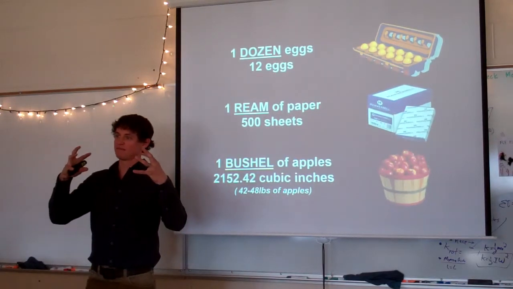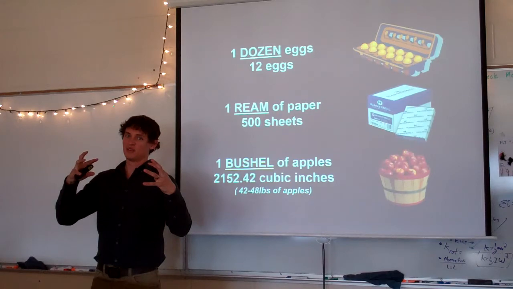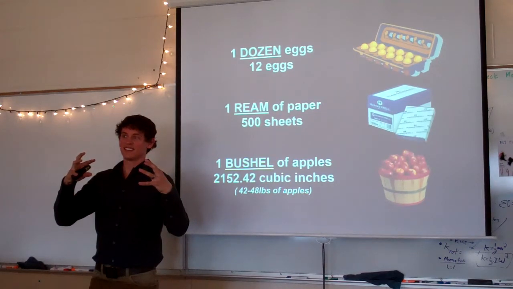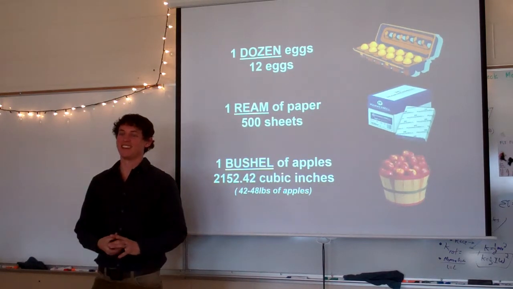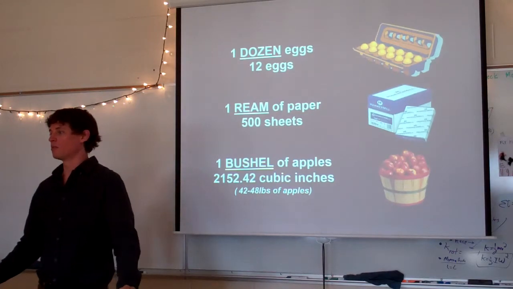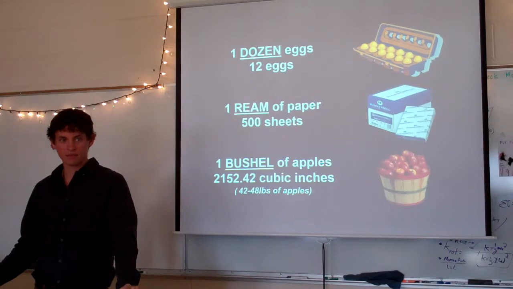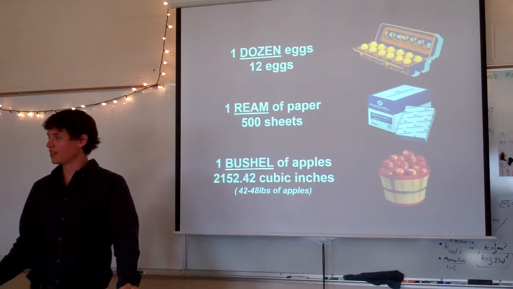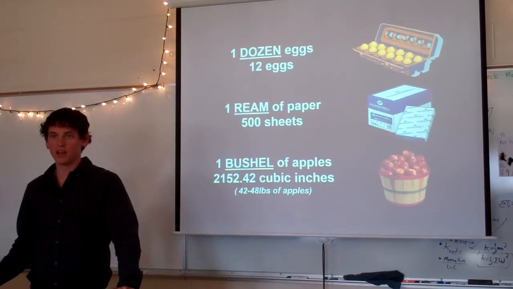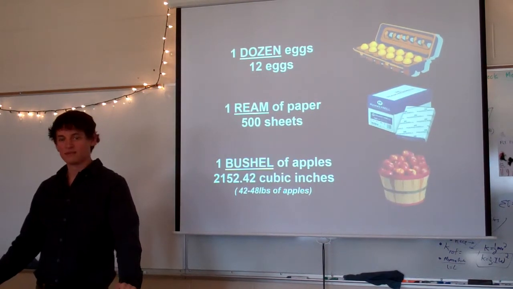How many are in there? 500? I don't know. Okay, 144. 144 is a gross. Have you guys ever heard that? A gross of bottle rockets. Next time you go to Wyoming and buy bottle rockets, check it out.